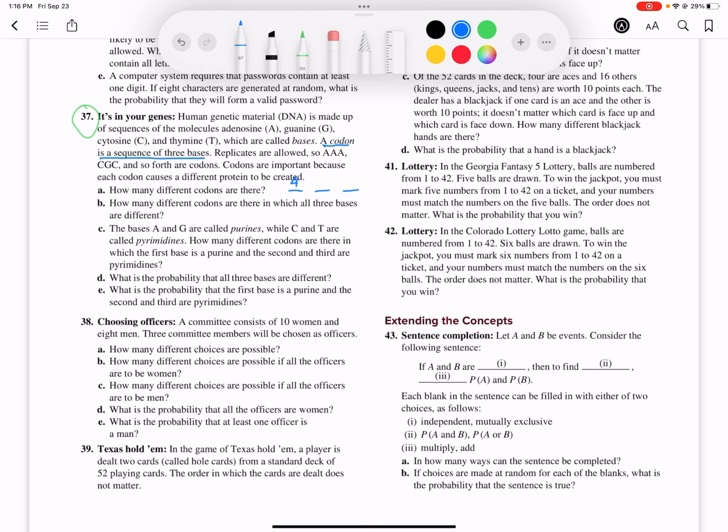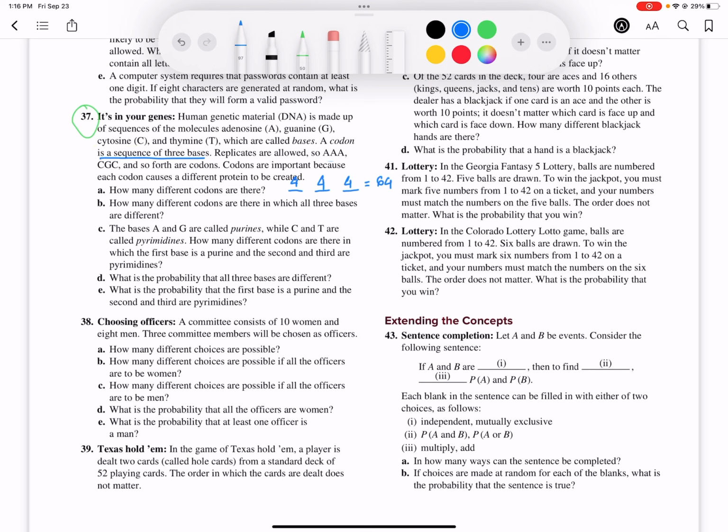It can be A, G, C, or T because it can be repeated, just like AAA. So we have 4, and similarly for the last base, 4 choices. So we got 64.